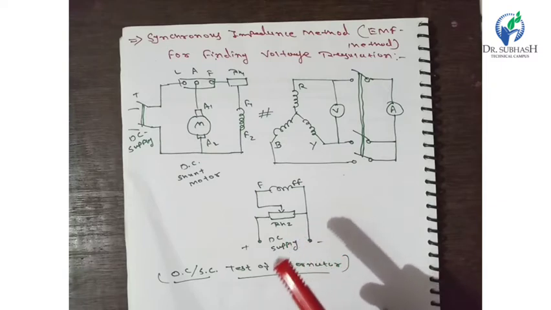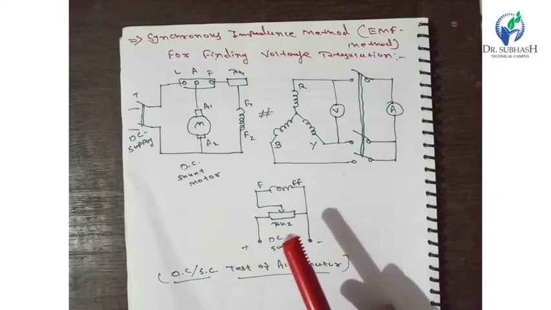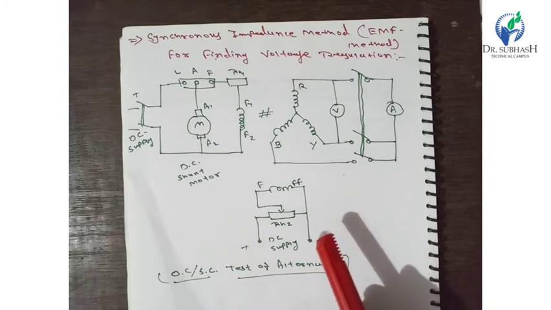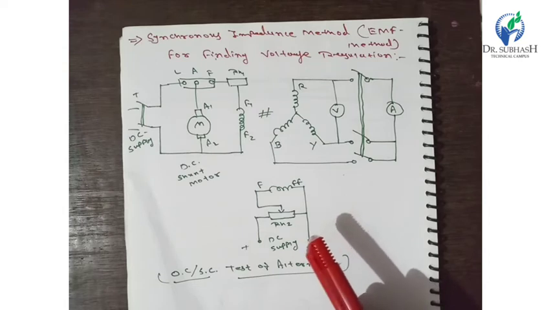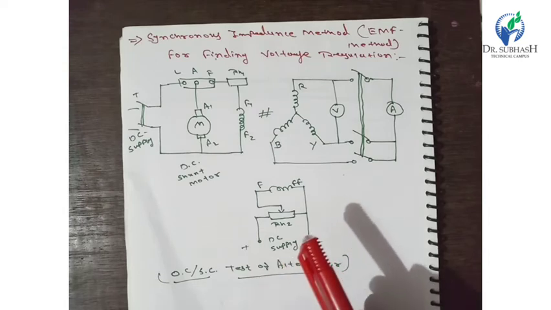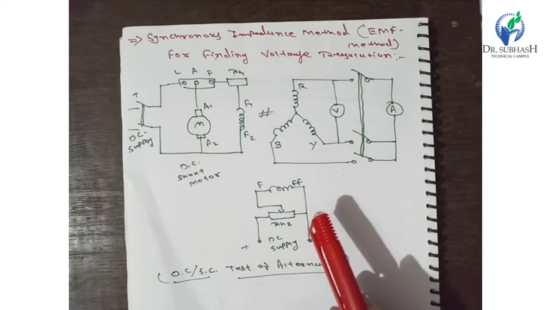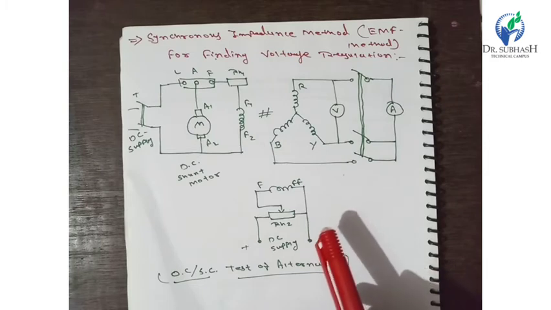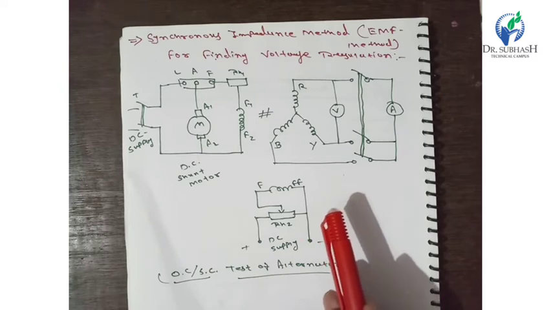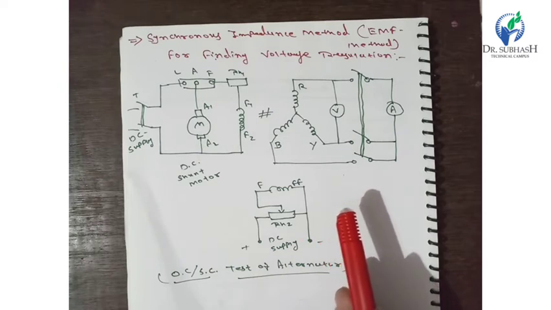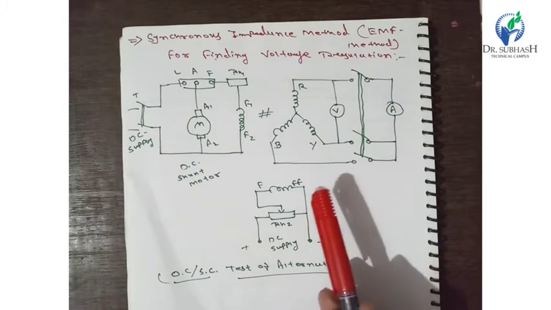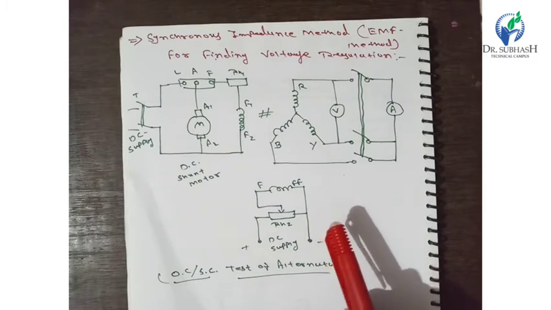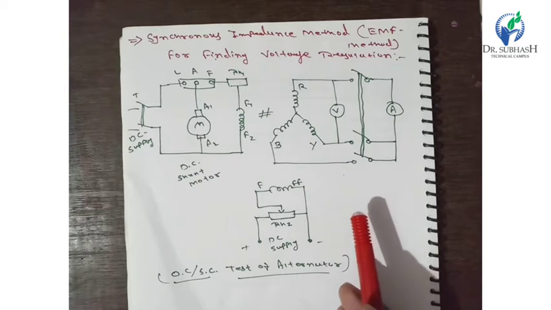The field current of the alternator is increased gradually and the short circuit current readings are noted. The readings are continued until the short circuit current reaches the full load current of the alternator. Only 2 or 3 readings are sufficient to find the synchronous impedance and voltage regulation.